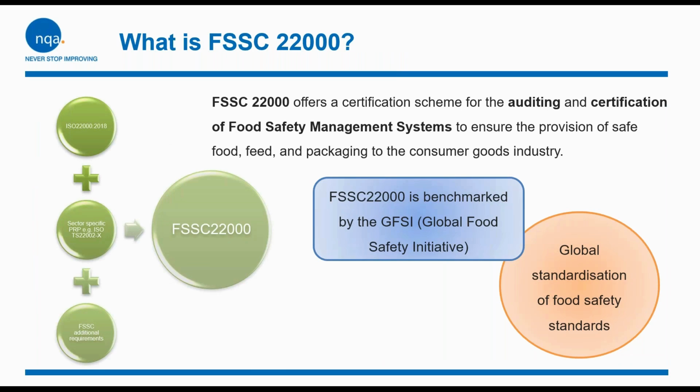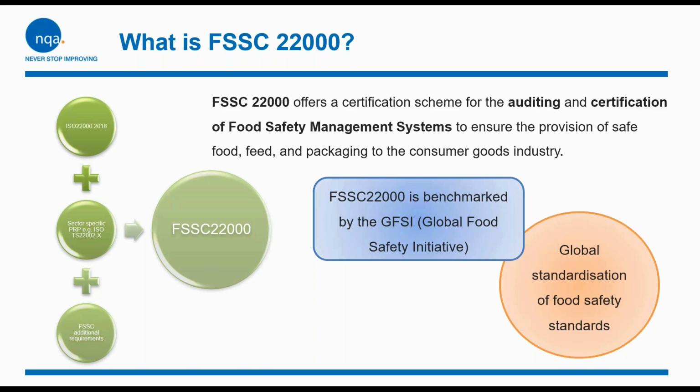So what is FSSC? FSSC 22000 offers a certification scheme for the auditing and certification of food safety management systems to ensure the provision of safe food, feed and packaging to the consumer goods industry.